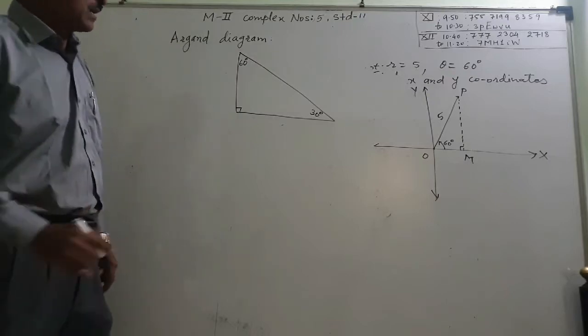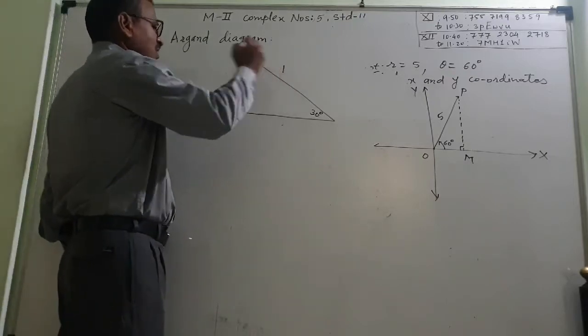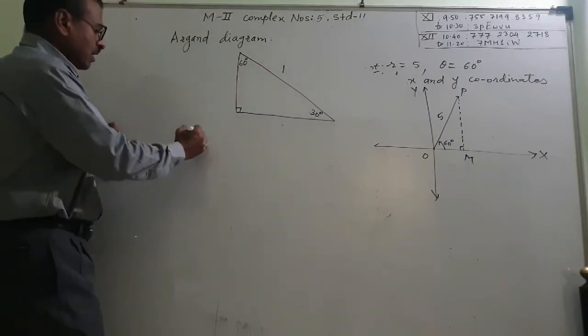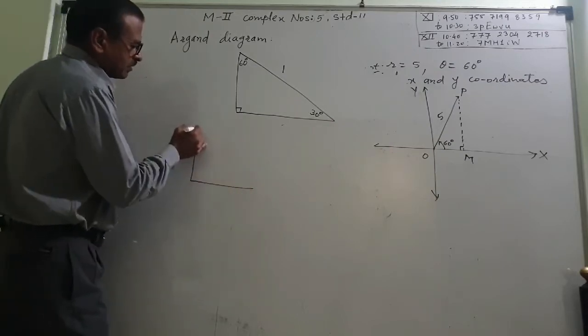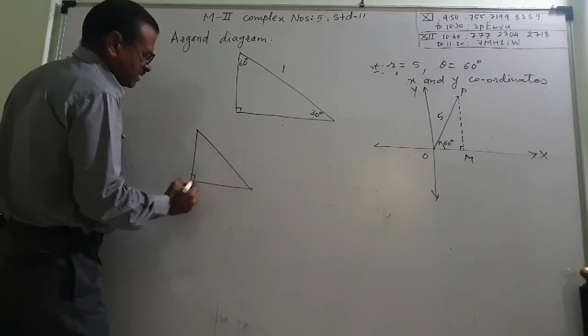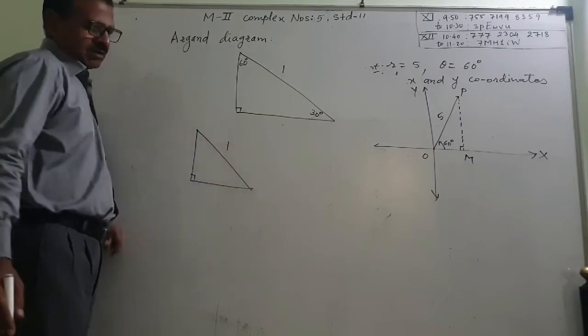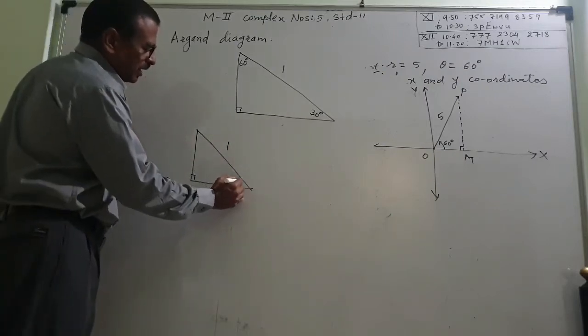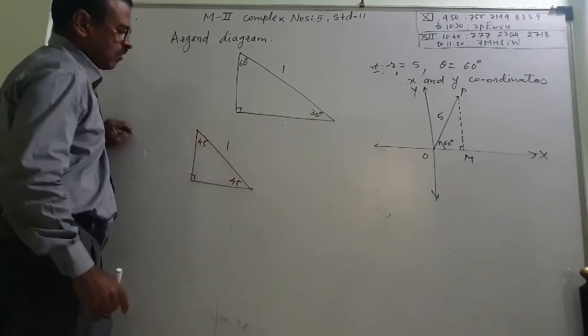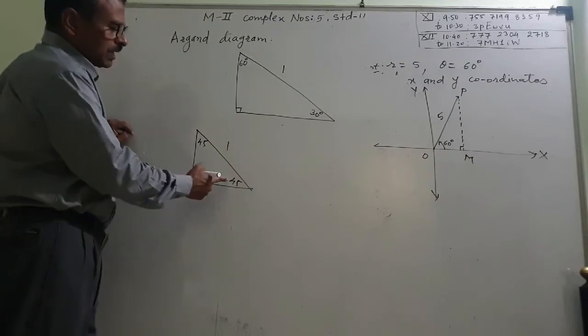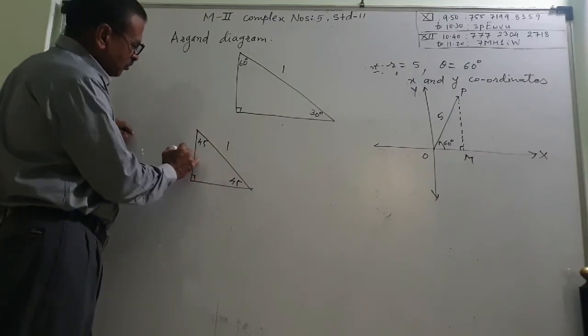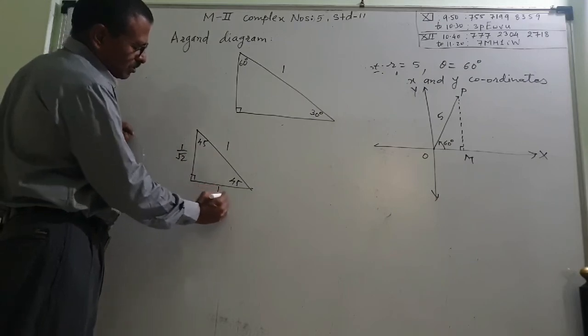And in my triangle, I am taking the hypotenuse always 1. Now another 45, 45, 90 degree triangle, that also we will see hypotenuse is 1. So this is 45 degree, this is 45 degree. Side opposite to 45 degree is 1 upon root 2 into the hypotenuse. So this will be also 1 upon root 2.